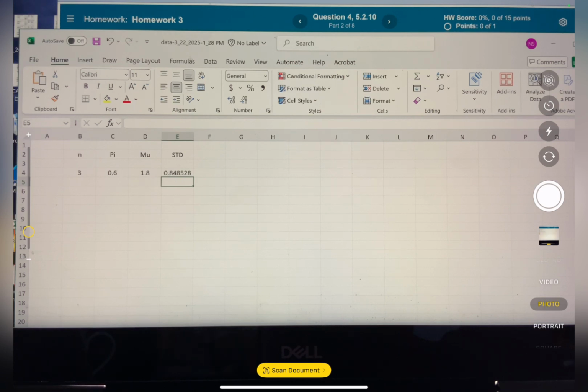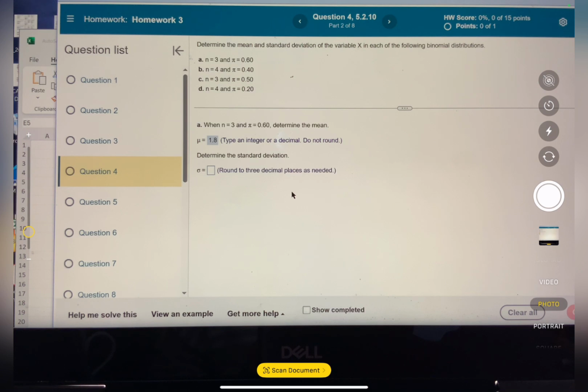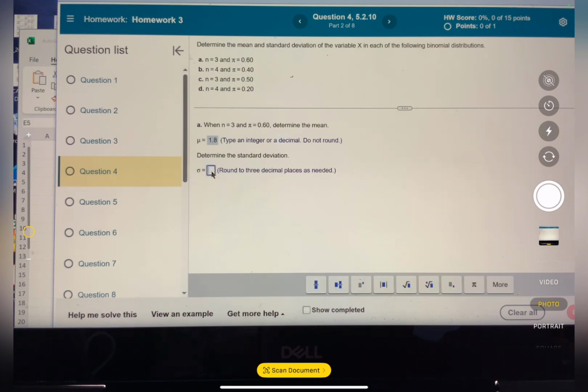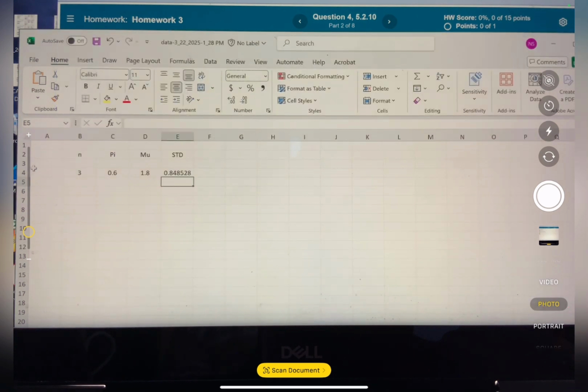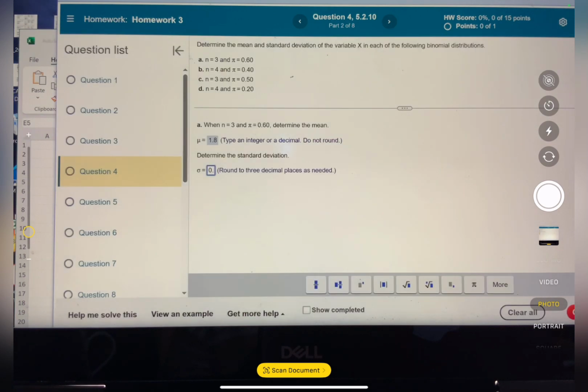Let's see how many decimals we have to have. 3 decimals, so it's going to be 0.849.